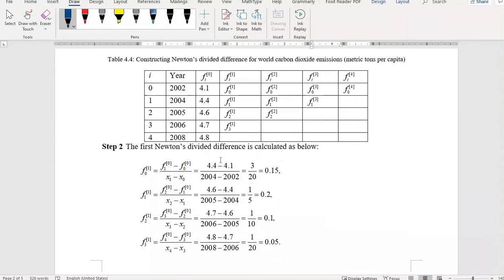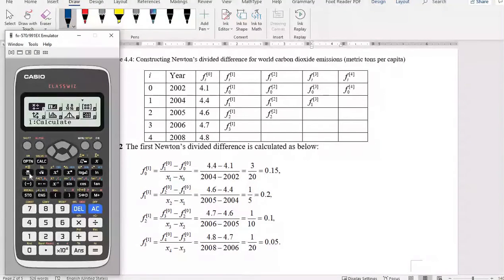Okay, if you calculate manually, this is the manual way. When you write like this, you press the calculator one by one. You press 4.4 minus 4.1, and then you go down, 2004 minus 2002.